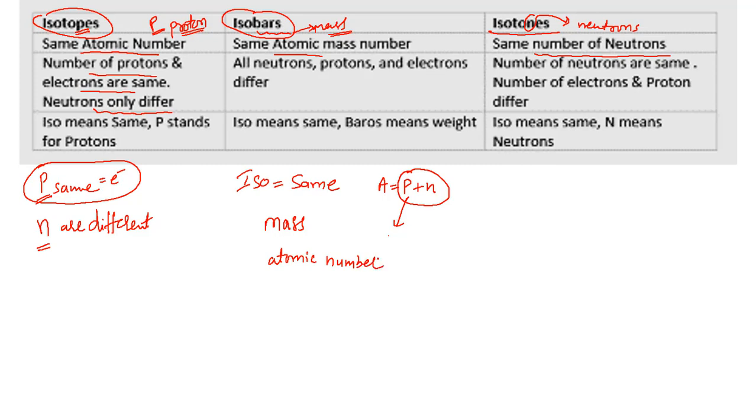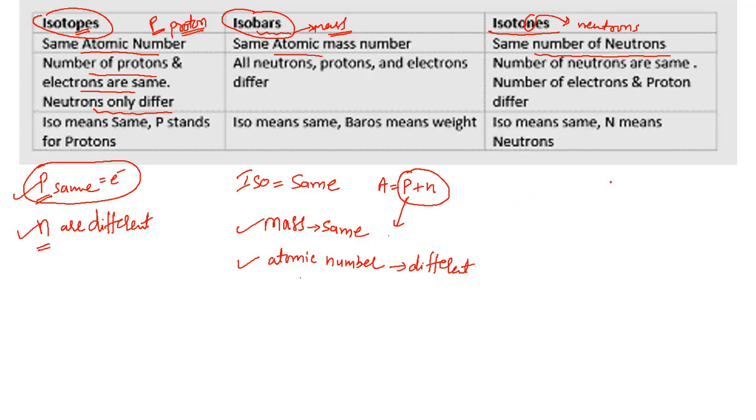When we talk about protons, we will talk about neutrons. So mass is the same, atomic number is different. Here protons same, neutrons different; here mass is same, atomic number is different.